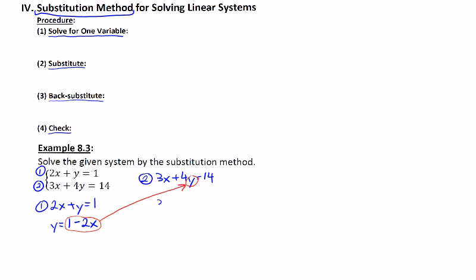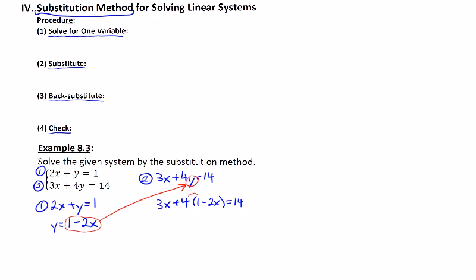So this is now going to read 3x plus 4 times 1 minus 2x is equal to 14. So that gives us a brand new equation that is a combination of the 2 equations that we started with. And you'll notice that all we have in here is just one type of variable, just x's.